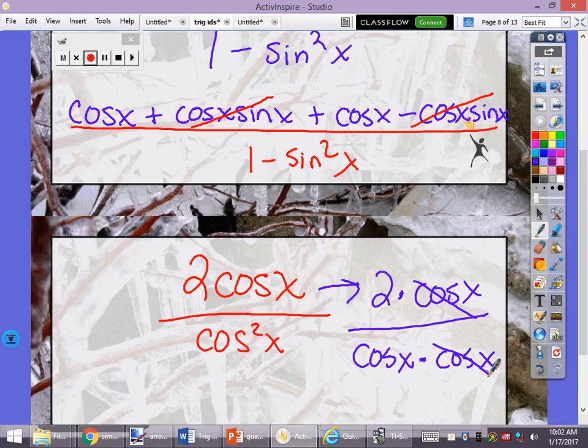So it's 2 over cosine x. If cosine is in the denominator, that means I want the reciprocal. What's the reciprocal of cosine? 2 secant x is also correct. It's 2 over cosine x or 2 secant x.